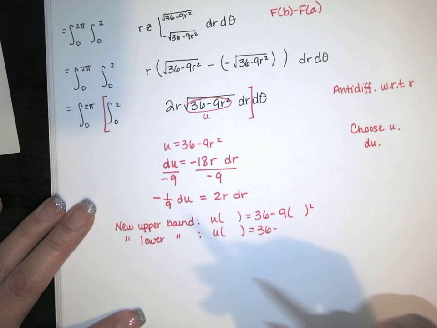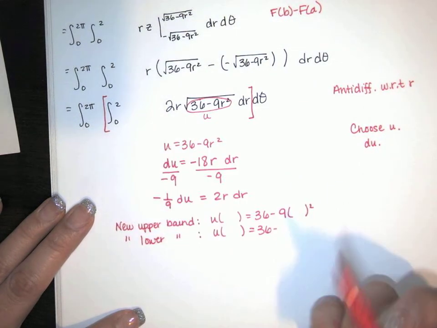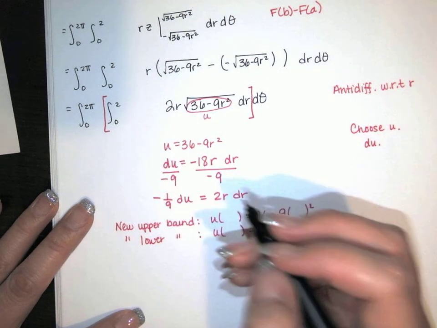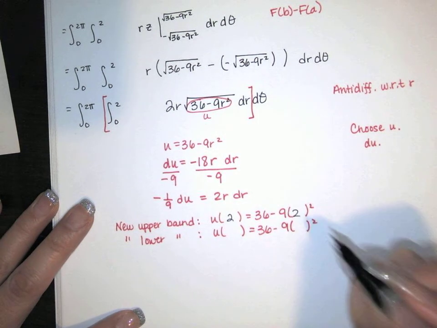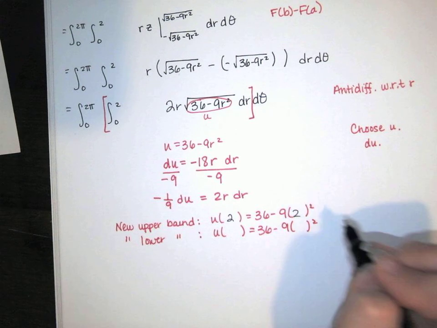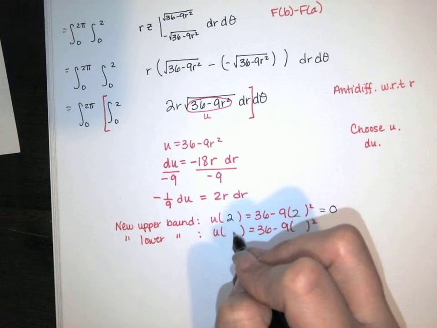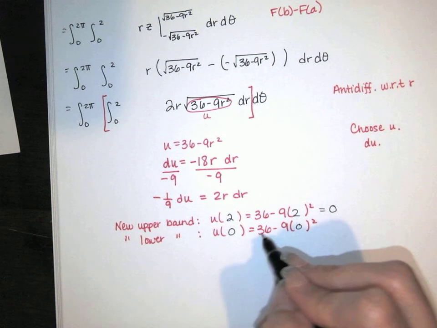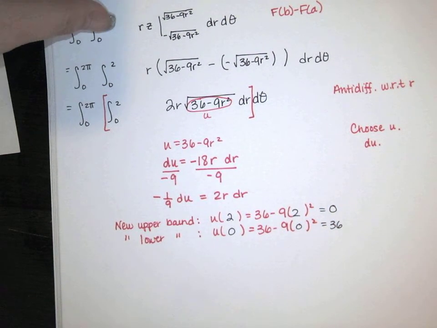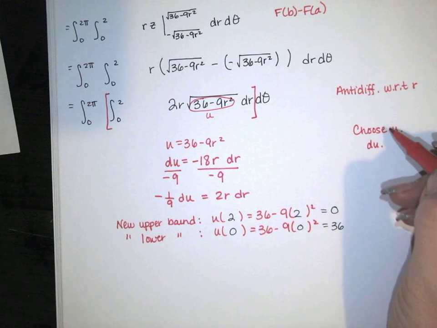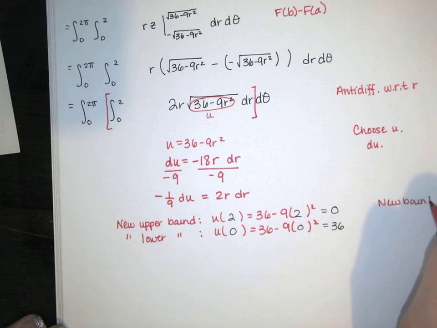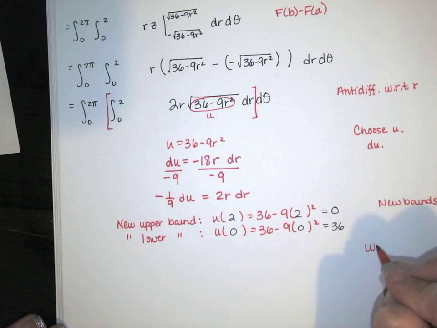When I write my new integral, I need to say, what does u go from? U goes from what to what? Let's figure out what those are. Well, when r is 2, u is this. 2 squared is 4. 4 times 9 is 36. 36 minus 36 is 0. And when r is 0, u is 36 minus 0, which is 36. Okay, so now we've got our u, we've got our du, we have new bounds. Now we need to write our integral entirely in terms of u.